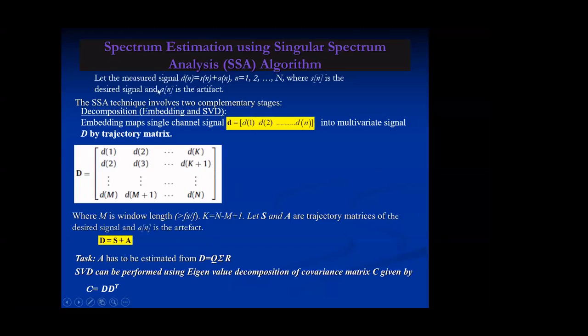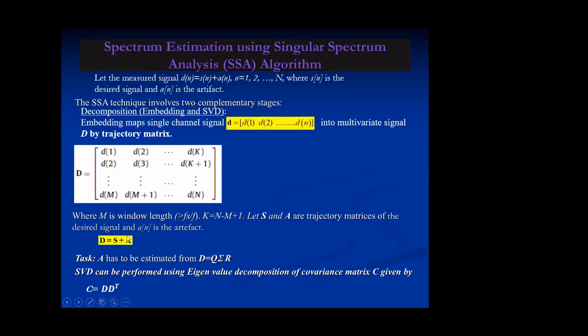Now this D matrix can be treated as S plus A, because D of N is S of N plus A of N. This D matrix is equal to the S matrix plus the A matrix, where the S matrix consists of the desired signal components and the A matrix consists of the artifact signals. Now the task is basically to estimate A from D. I can construct D from the measurement.